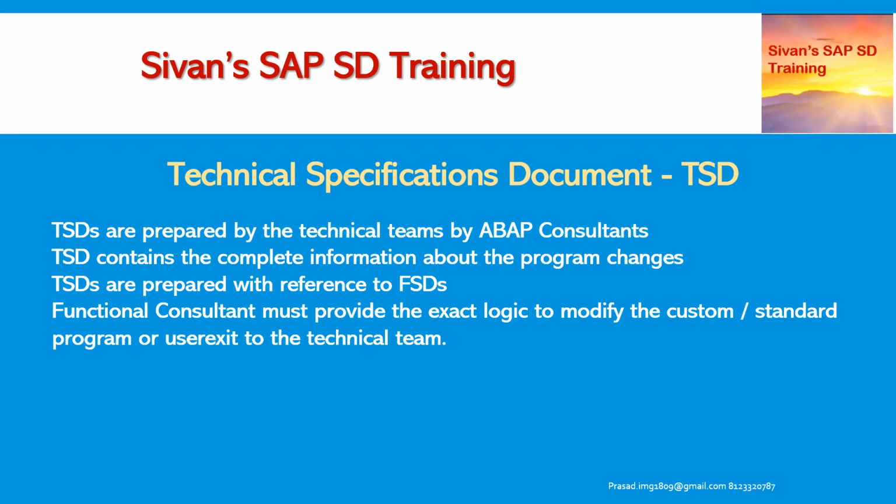But the logic, instead of VBAK, VBELN, it has to be replaced with LIKP, VBELN. I don't want the sales document. I want the delivery document to be fetched in this scenario. Like that, you have to give the exact logic to the technical consultants called ABAP teams.